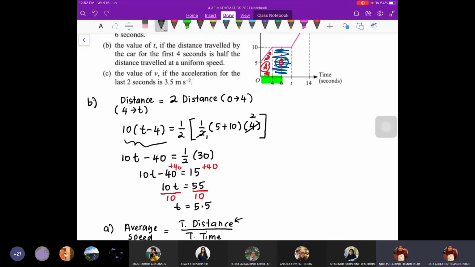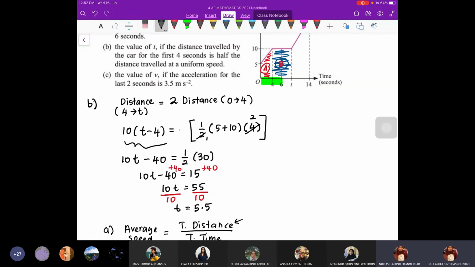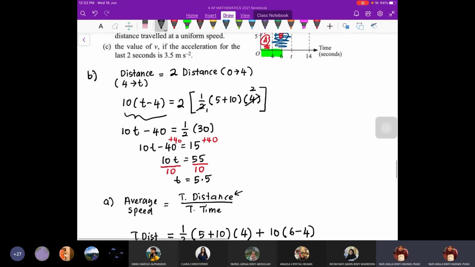Okay, the other way around. Sama je. Maksudnya distance yang besar dia adalah 2 kali ganda distance yang kecil. Sebab dia besar, so dia mesti 2. So this is supposed to be 2. Ni pun 2. So I have to change this.